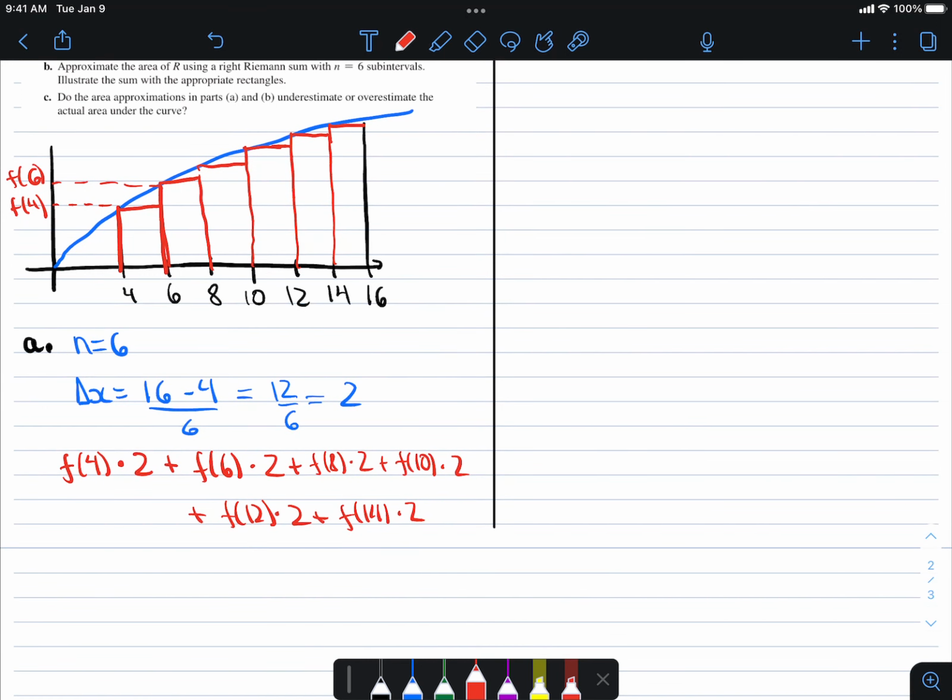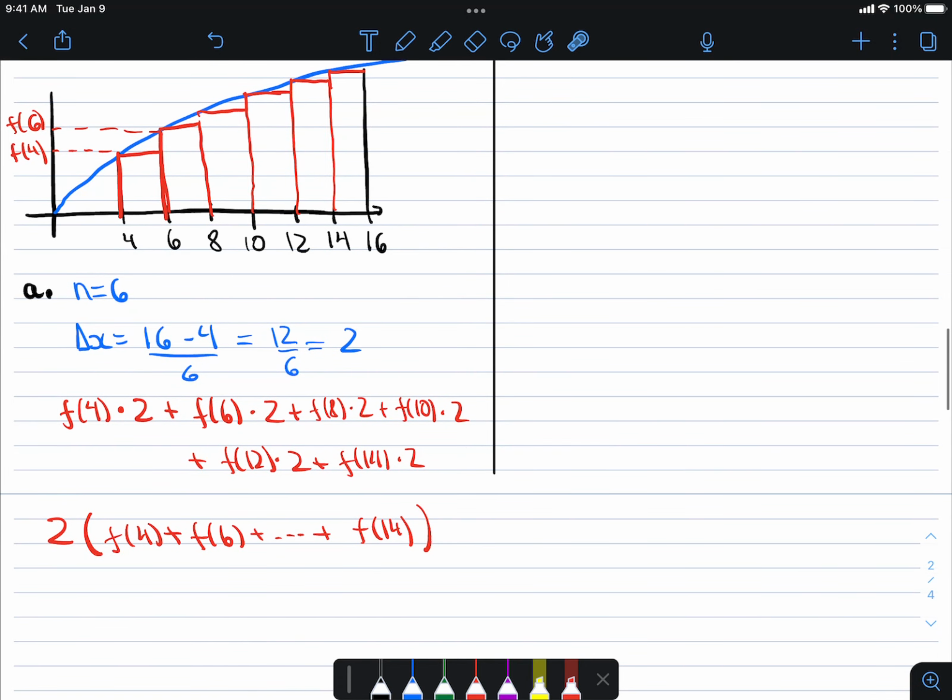One way to simplify this is to maybe pull out the 2, right, and just do f of 4 plus f of 6, up to f of 14. Note a cool observation about this: the 4 shows up, and every other grid point shows up except for the 16. The 16 does not show up on the left endpoint Riemann sum.